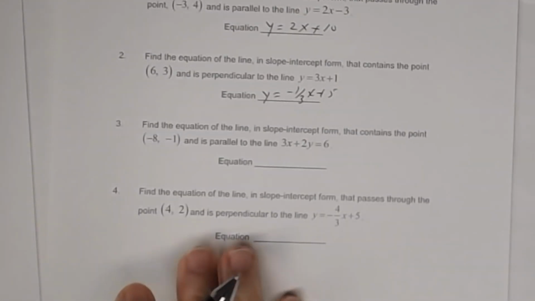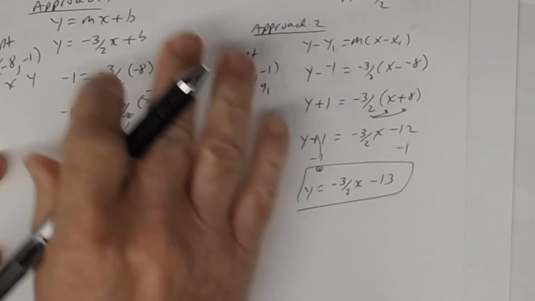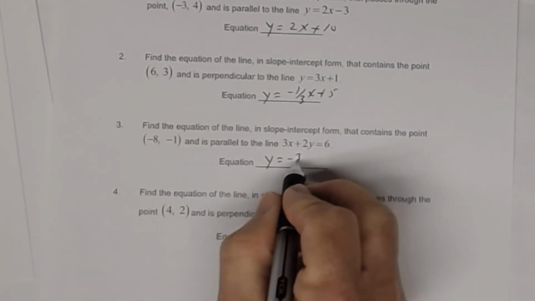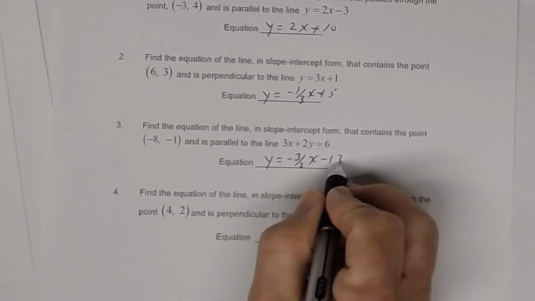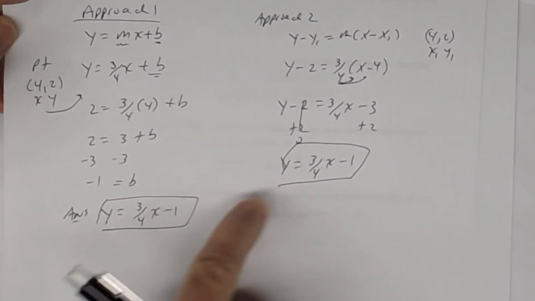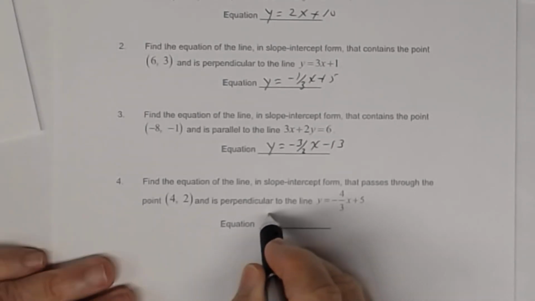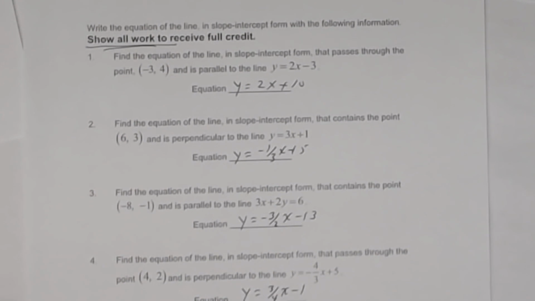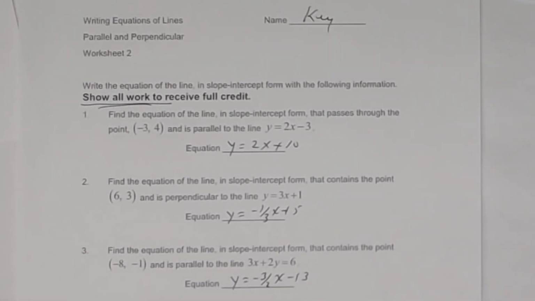And number 3, when we did the work, we had y equals -3/2 x minus 13. And then finally, number 4, which we just did. Remember, here's the work, and these are your answers. This is the equation in slope-intercept form. You got y equals 3/4 x minus 1. Okay? All right, so that is the key to this worksheet.